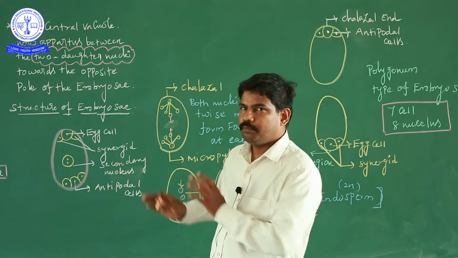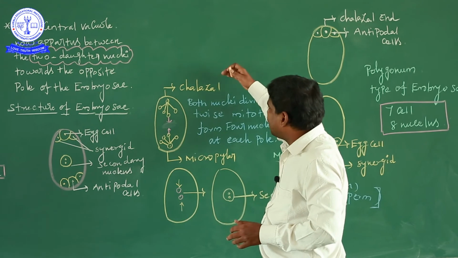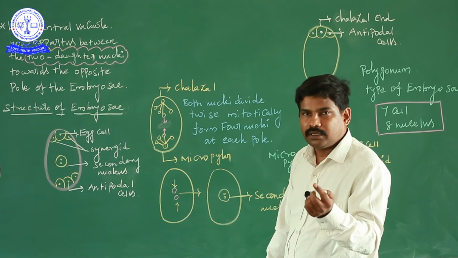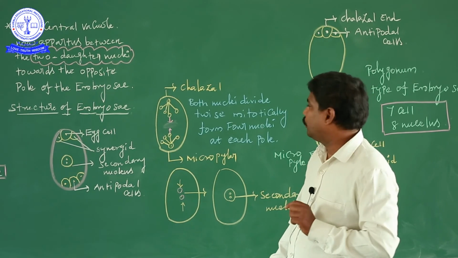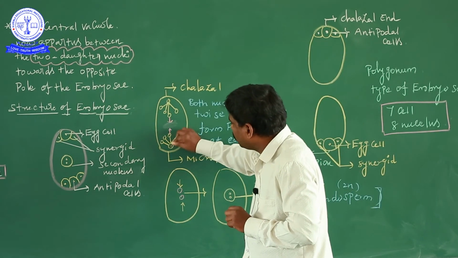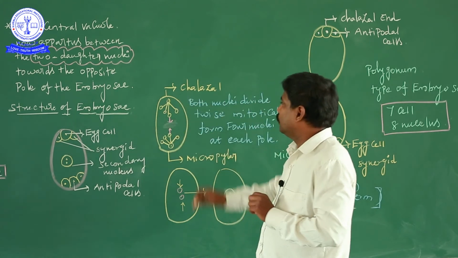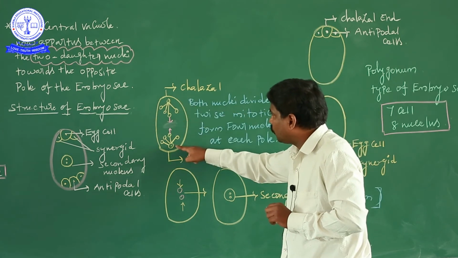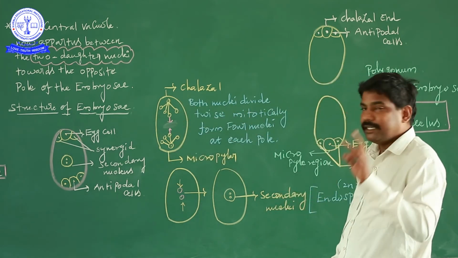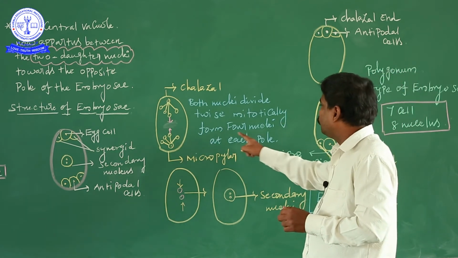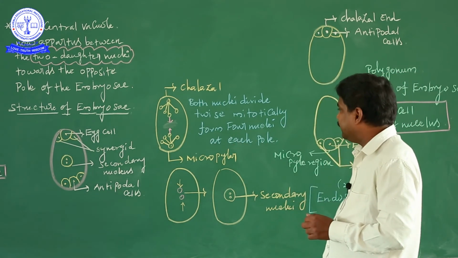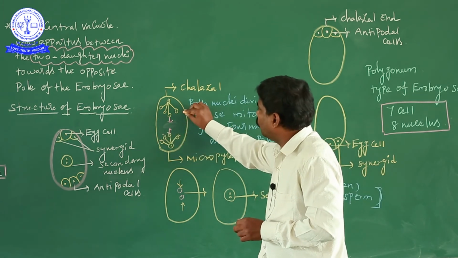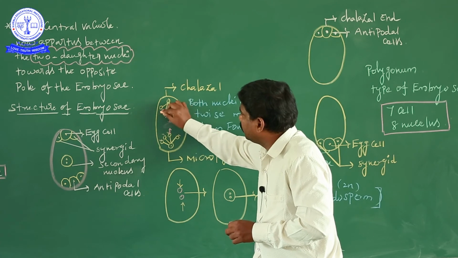How is the embryo sac formed? First, there are the chalazal end and the micropylar end. The smallest opening is called the micropylar end. The two poles each have a nucleus, and both nuclei divide twice mitotically to form four nuclei at each pole: 1, 2, 3, 4 and also 1, 2, 3, 4.